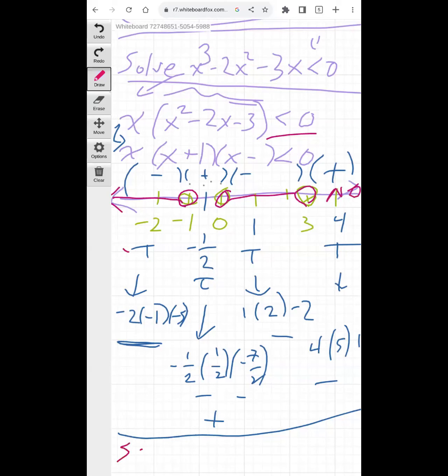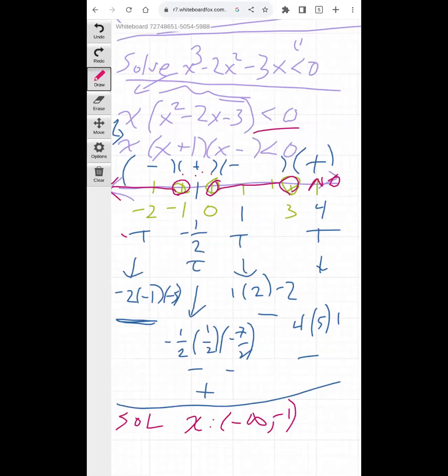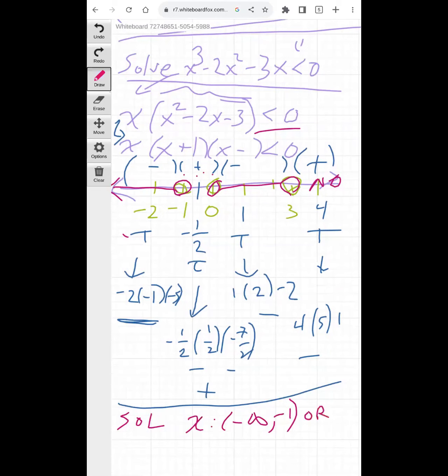So the solution is all the values of x from negative infinity to -1, and 0 is less than x is less than 3.